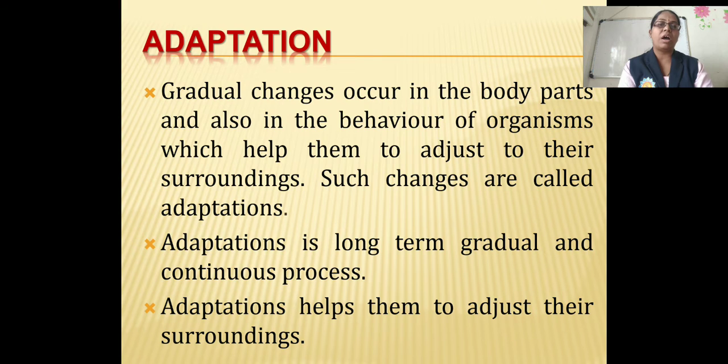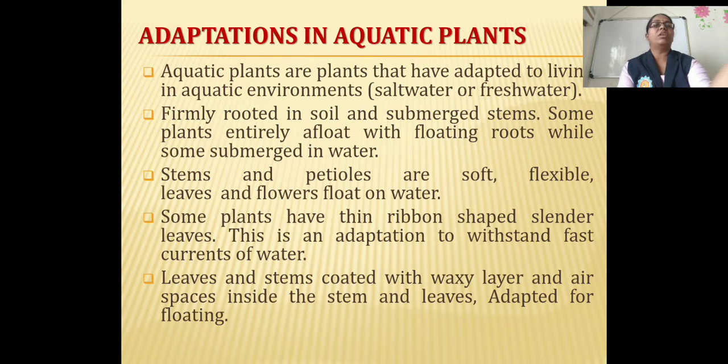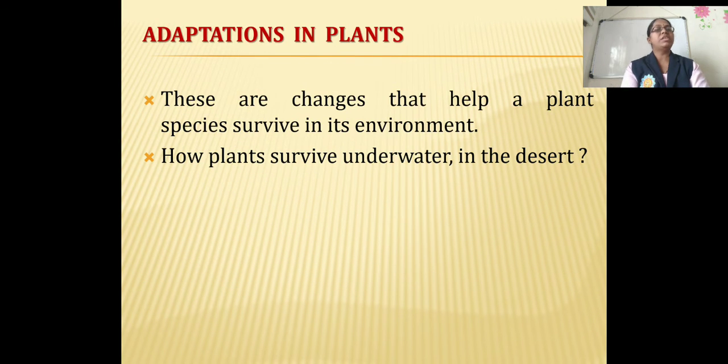Adaptation is a long term, gradual and continuous process. Adaptation helps them to adjust to their surroundings. These are changes that help a plant species survive in its environment. How do plants survive underwater, in the desert? So let us see the adaptation in plants.